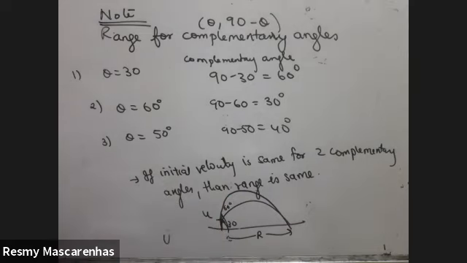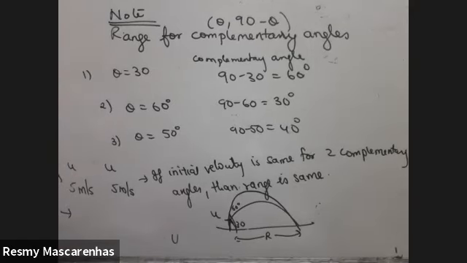So if you are throwing any ball at, suppose, 50 meters per second, the first one at 40 degrees and the other one at 50 degrees. Suppose the question is: a ball thrown at 50 meters per second at 40 degrees is covering 10 meters.